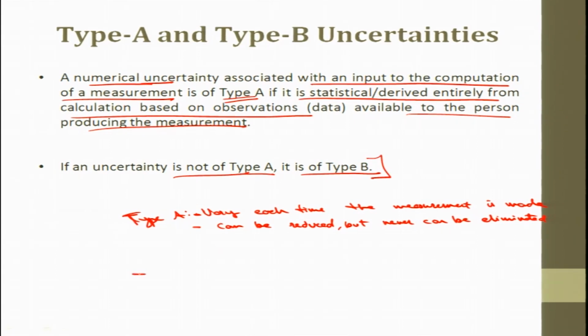So the type B uncertainties are the uncertainties which are not random, which may or may not repeat each time. So these are sometimes systematic. It is a kind of a systematic error only. So these are systematic uncertainties. Both the type A and type B uncertainties can be reduced by having a better quality of the instrument.